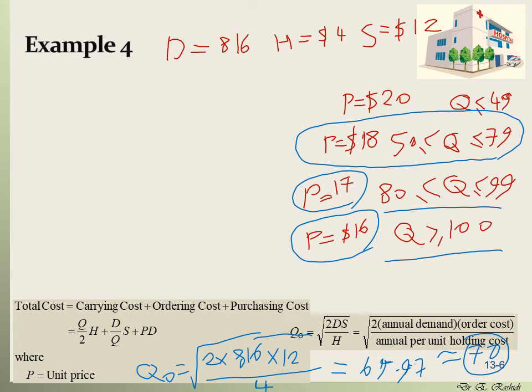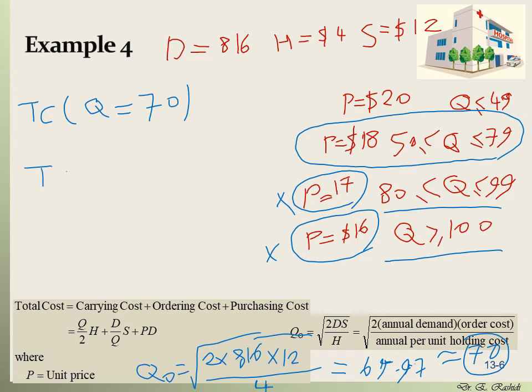So this means that we need to find also the quantity for the lowest two prices, for $17 and for $16, and we find the total cost for those and then compare them to each other. Whichever quantity gives us the lowest cost, that quantity would be our optimal quantity. So we're going to have to find the total cost when we order at 70.